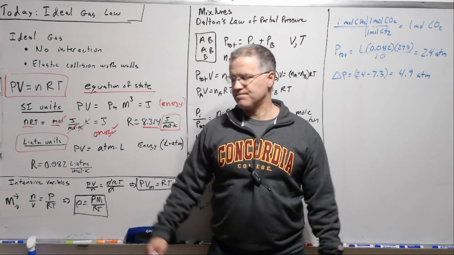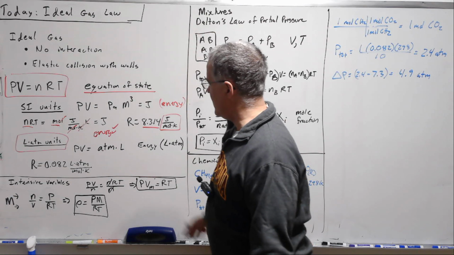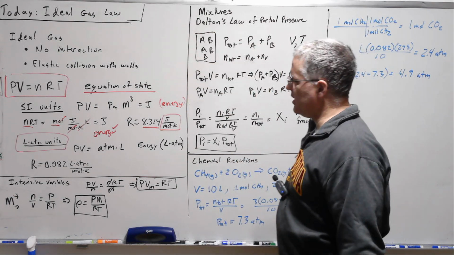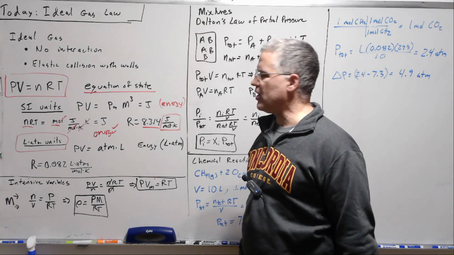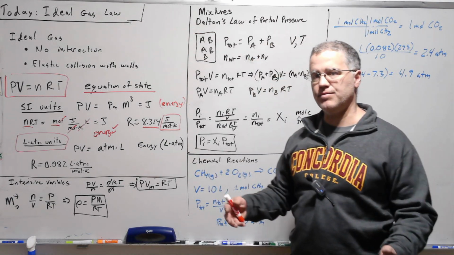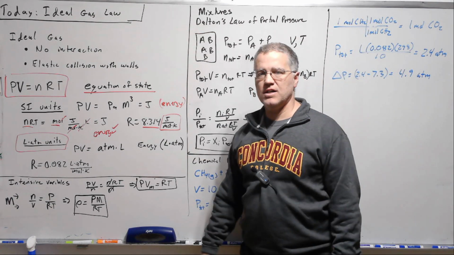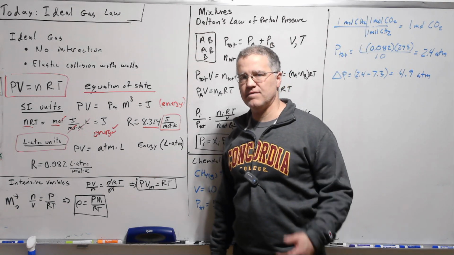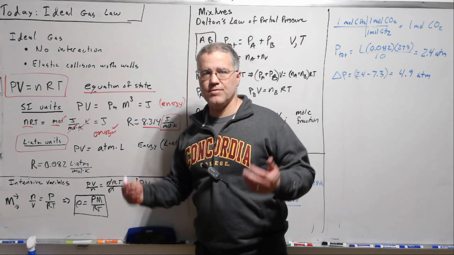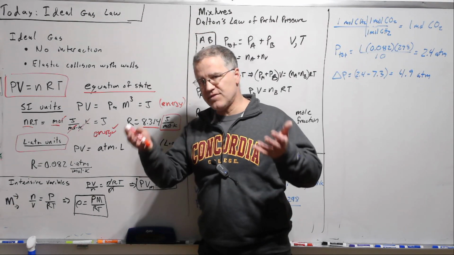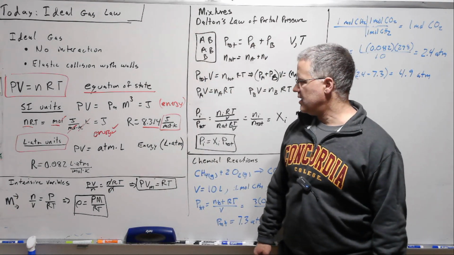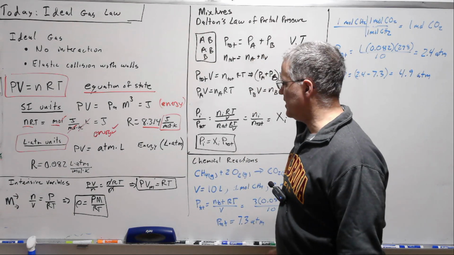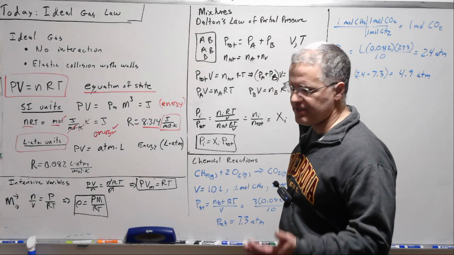So we tend to use atmospheres as a pressure. One atmosphere is the pressure on Earth at sea level, which again would be very typical of a lab condition. I'm coming to you from Minnesota, we're above sea level, but in our laboratories, we're under 1 atmosphere essentially all the time.